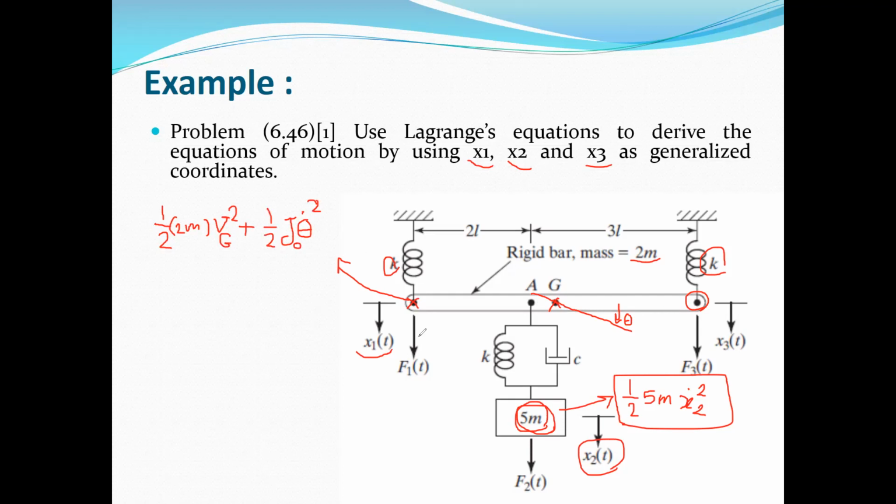So this is the kinetic energy, but according to the problem description, we need to define Vg and theta dot as a function of x1, x2, and x3.